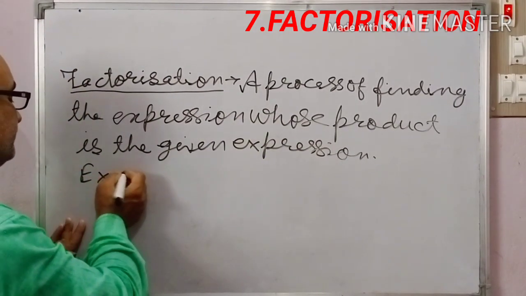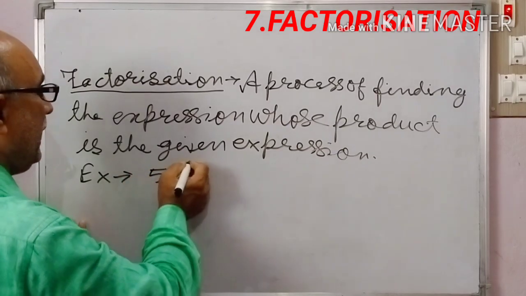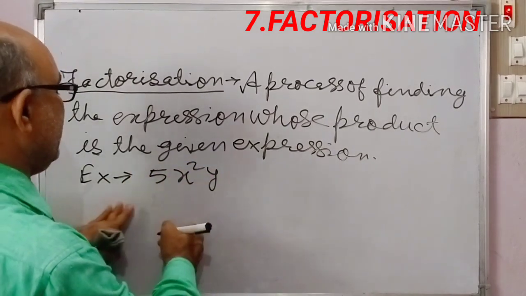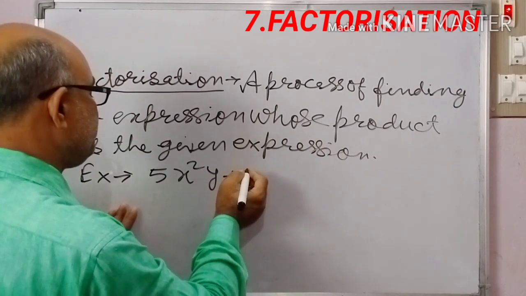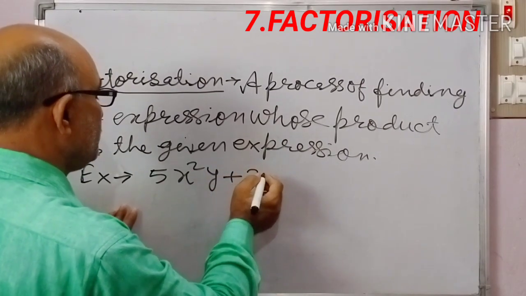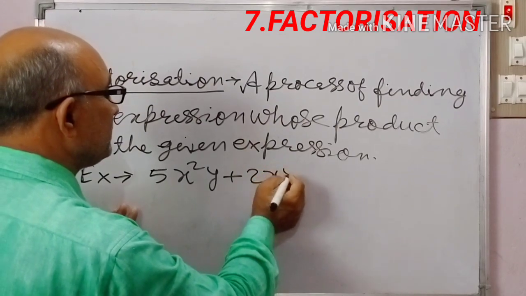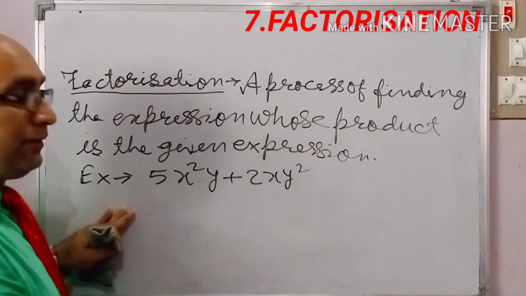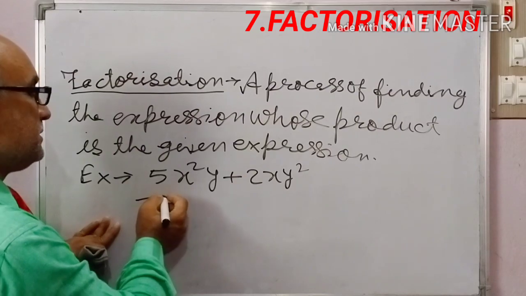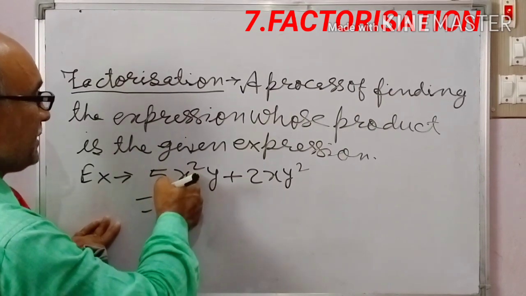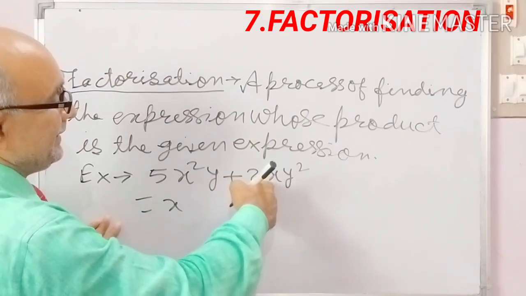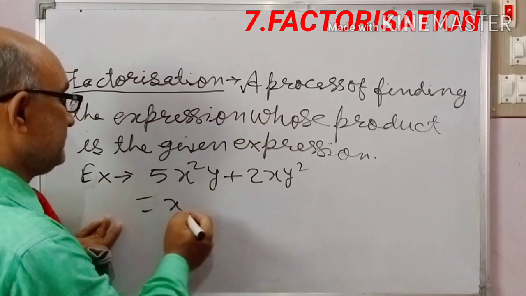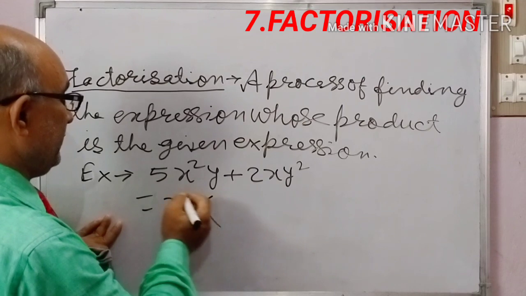Example: 5x square y plus 2x y square. Here common is x, that is, x into y.